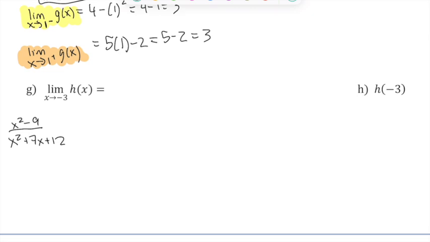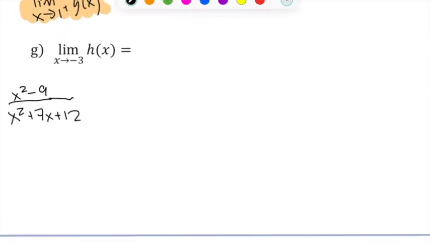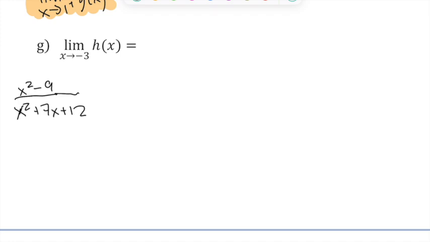Okay, so from pre-calc, we have learned that when you see polynomials in the top and bottom in this rational equation, we need to factor the top. So we need to factor x squared minus 9.